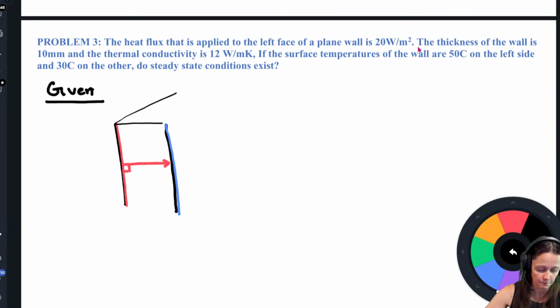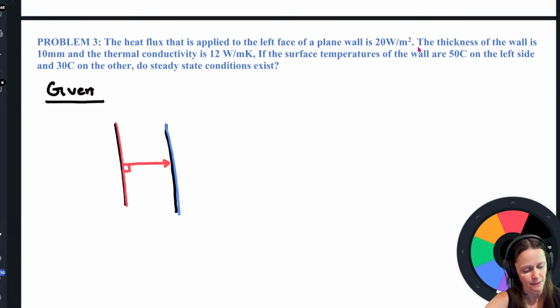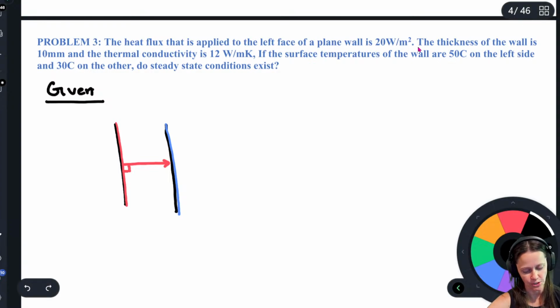But this is a plane wall, which is really thin compared to the other dimensions, and so we only have to take into consideration heat transfer in that one direction.